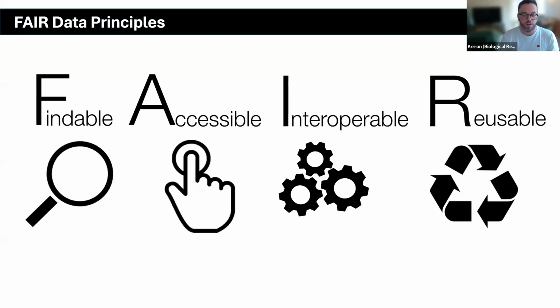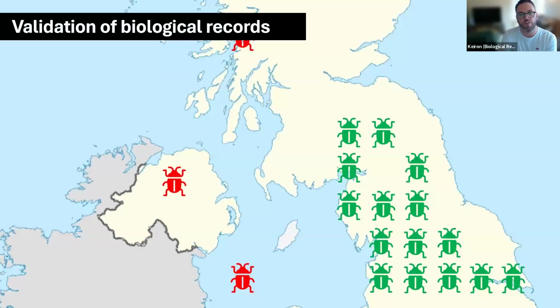It should be usable between different organizations and uses, and reusable for however many different functions we want to use it. So that brings us to validation of biological records. If we want our biological records to be usable and meet the FAIR data principles, then we need to make sure that they're in a certain type of format.